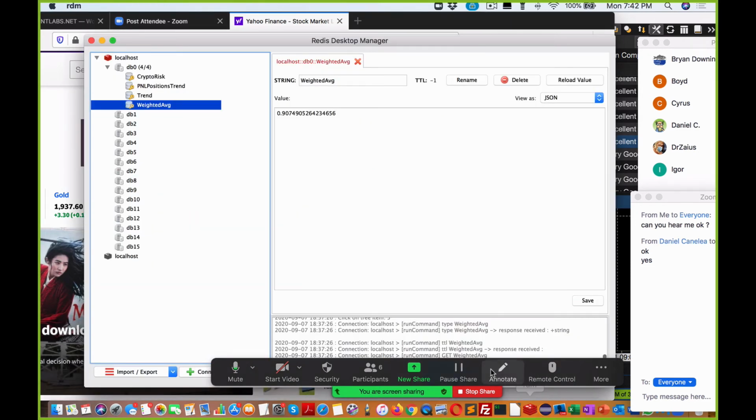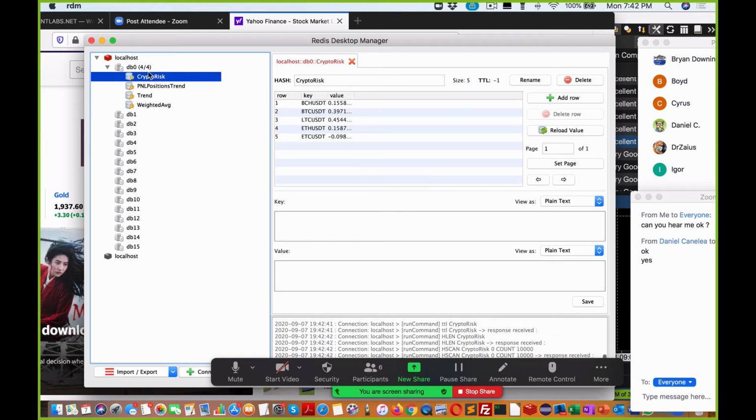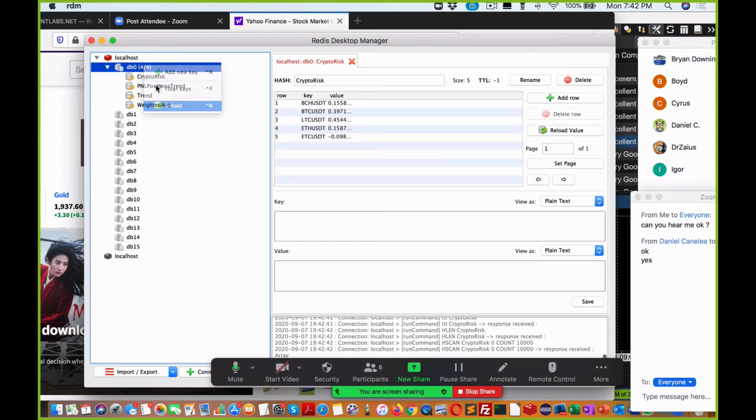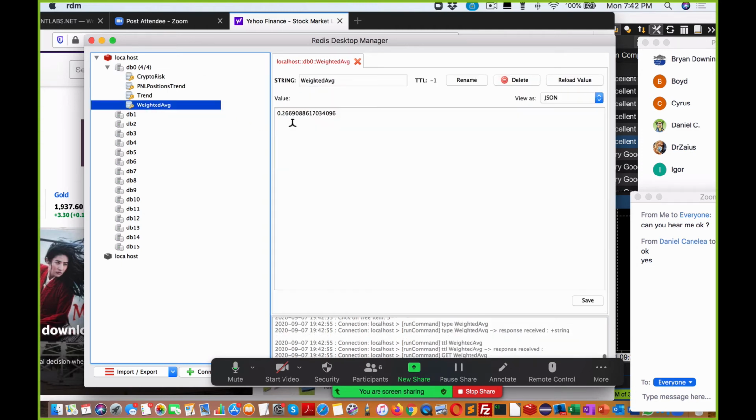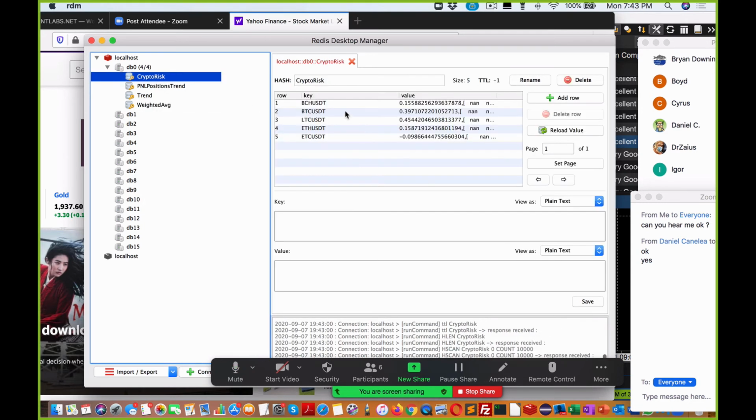Whereas if I show you part of my crypto here, I don't know how well you know crypto, but I have 5 pairs of large crypto coins that I use. And these are the percent moves. I'm able to gauge a weighted average over those 5 pairs, like Bitcoin Cash, Bitcoin, Litecoin, Ethereum, and Ethereum Classic.